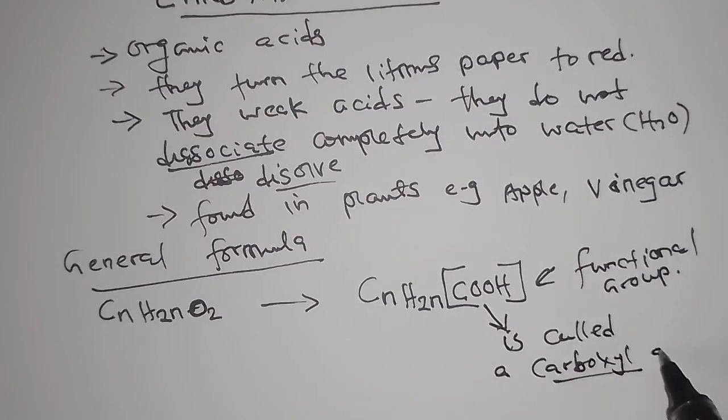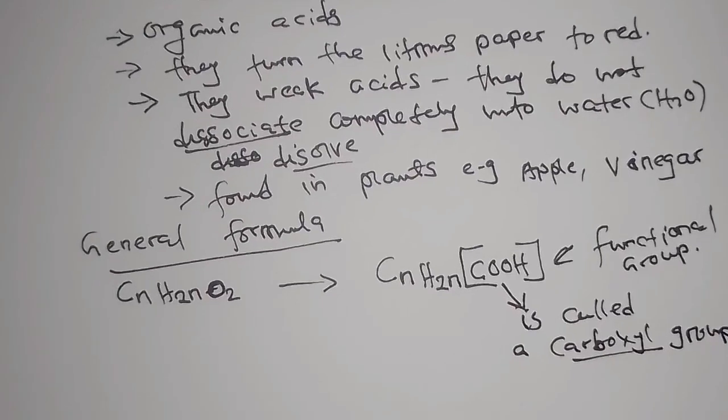It's called a carboxyl group. When you talk about the general formula, we are looking at the formula that can help us to generate other specific carboxylic acid compounds in this family.